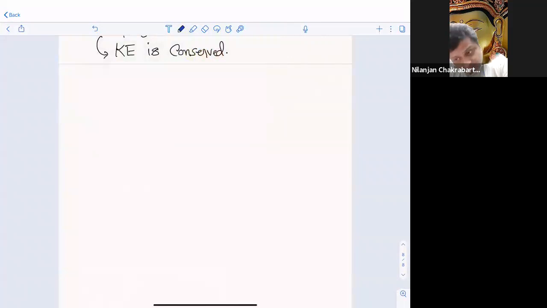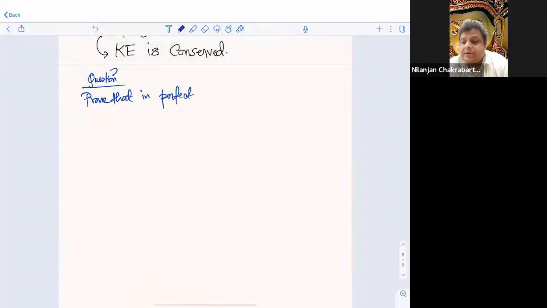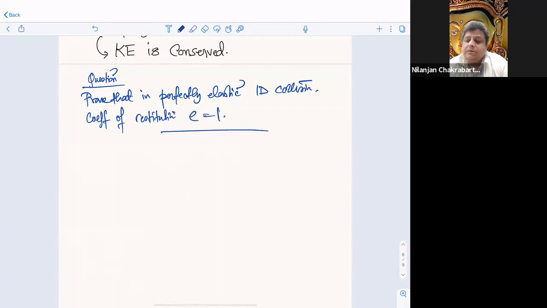So এটা কি দেয় বলছি আমি, this is a very very common question that prove that in perfectly elastic collision, perfectly elastic one dimensional collision, coefficient of restitution E is equal to 1.